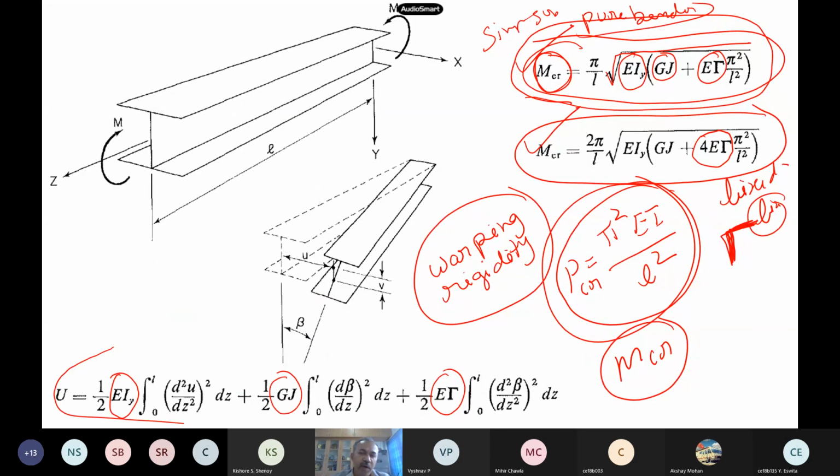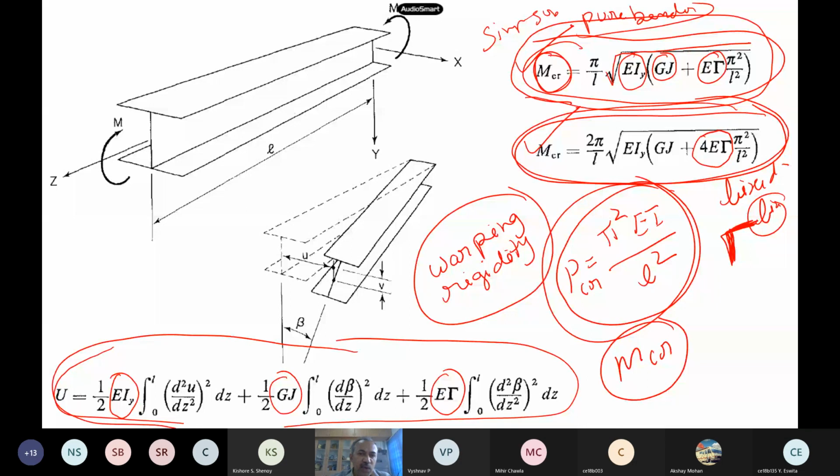I will share my YouTube video, so whenever you have time, just watch how this formula comes into the picture by analytically calculating the strain energies. As far as this course is concerned, the derivation is not required, but if some of you are interested in how the formula came about, you can see that video. So I will stop here.